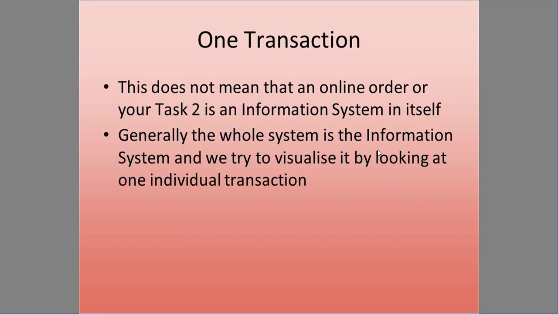So in terms of one online order, we're talking about a much larger information system that could be a big website like eBay or Amazon. Whereas in your app task, we're talking about one particular app in the whole realm of App Machine that you have created. So that's not the whole information system, it's just one little part of it.